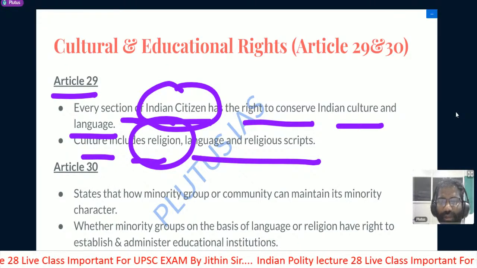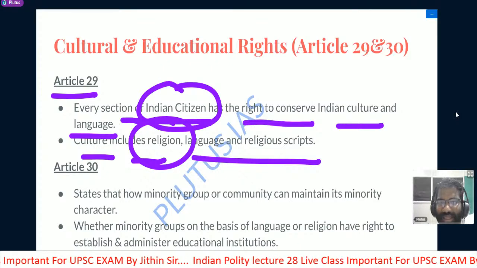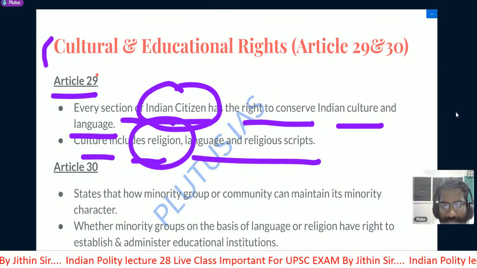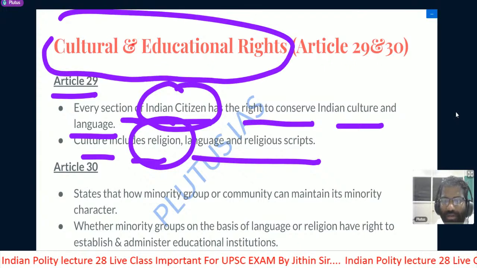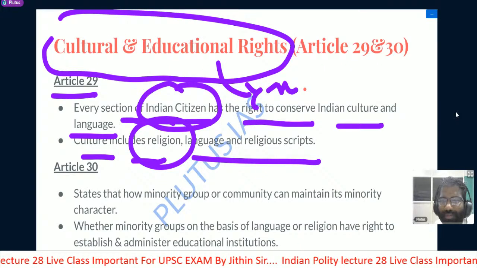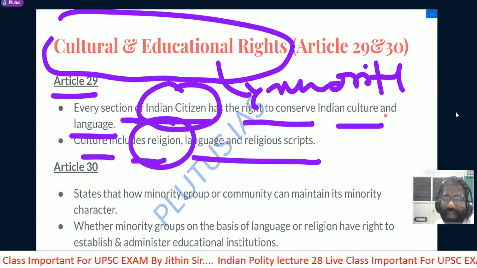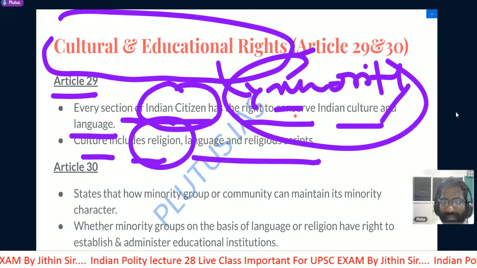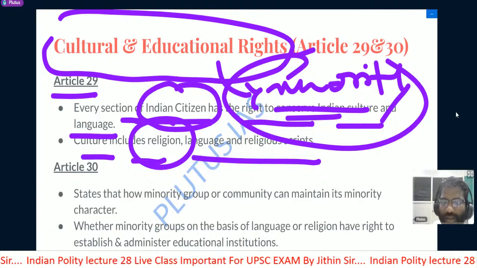देखो, Article 29 and 30 deals with cultural and educational rights. These rights are also called minority rights because only minorities need protection. अगर कोई minority group से है, then only they need to preserve. Majority हो तो it will definitely be preserved. But the word minority has not been mentioned in the Constitution.